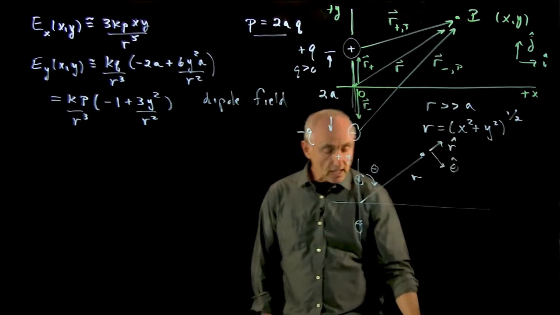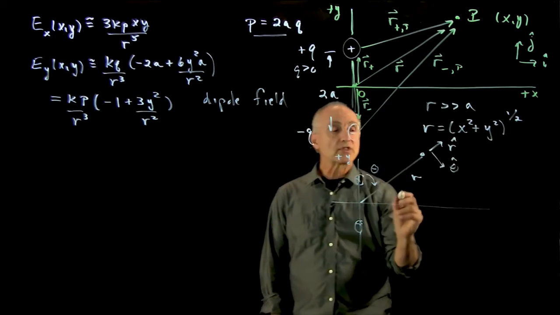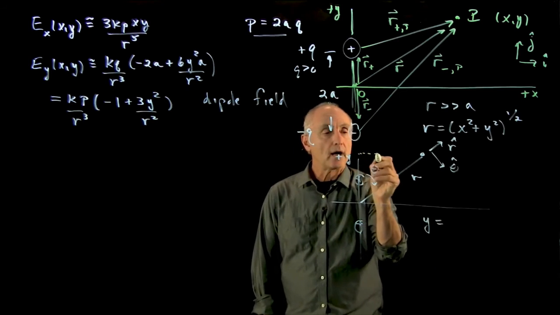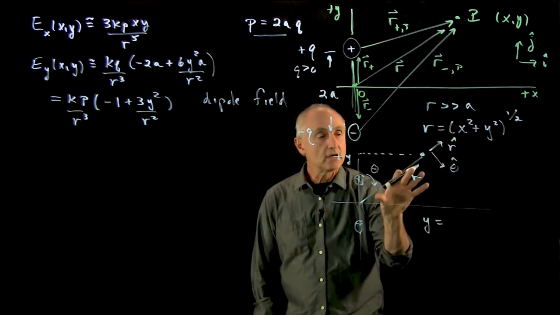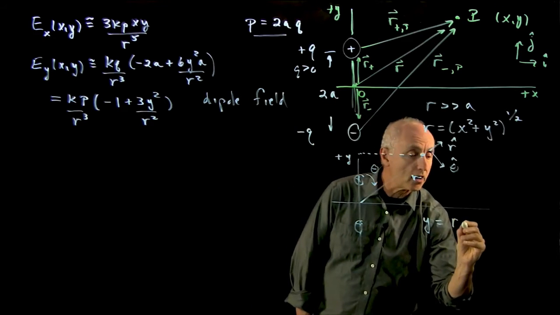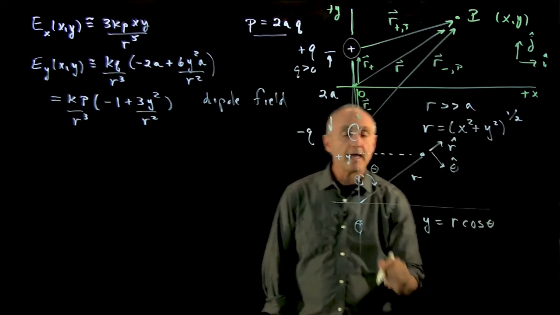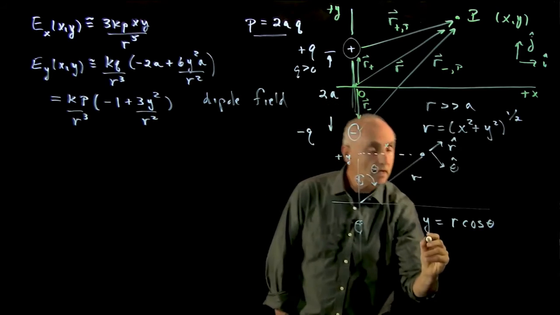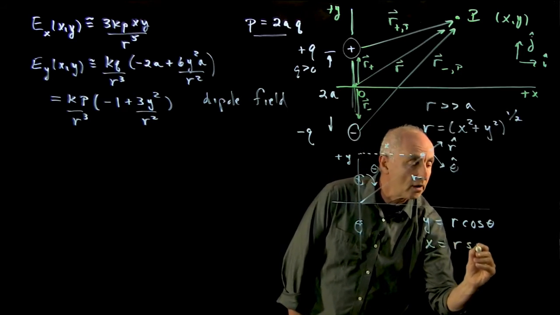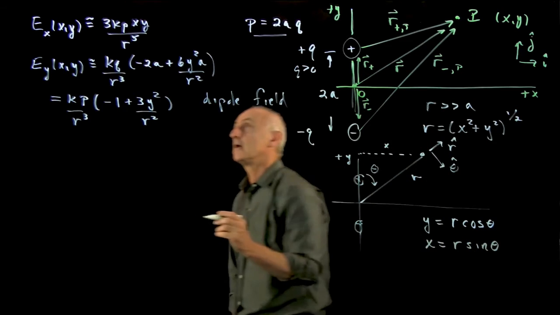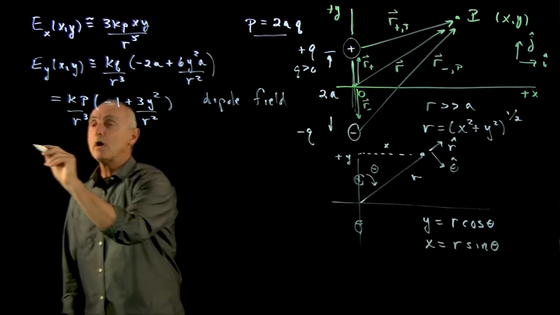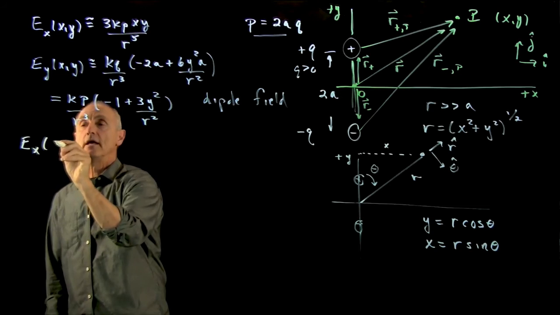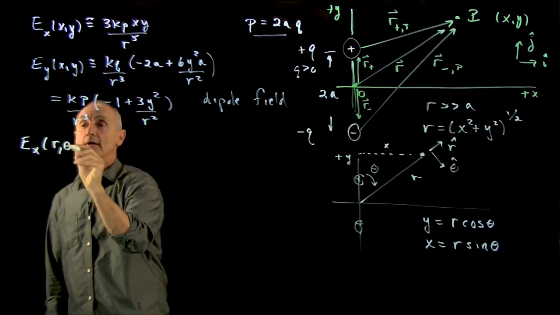And our coordinate system now would show us that our y is adjacent to the angle. So it's r cosine theta. And our x here is opposite the angle. And so x is r sine theta. And so I can write the x component here in terms of polar coordinates.